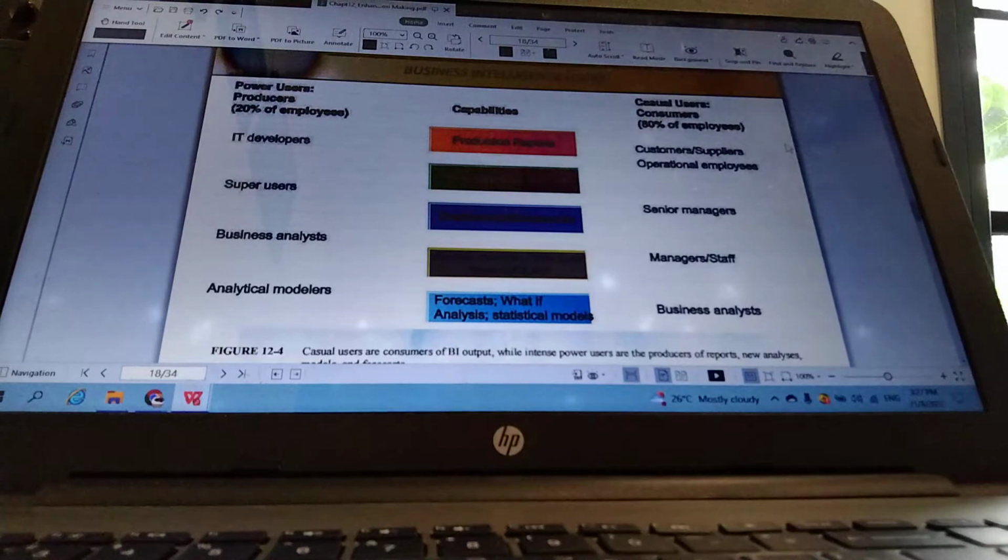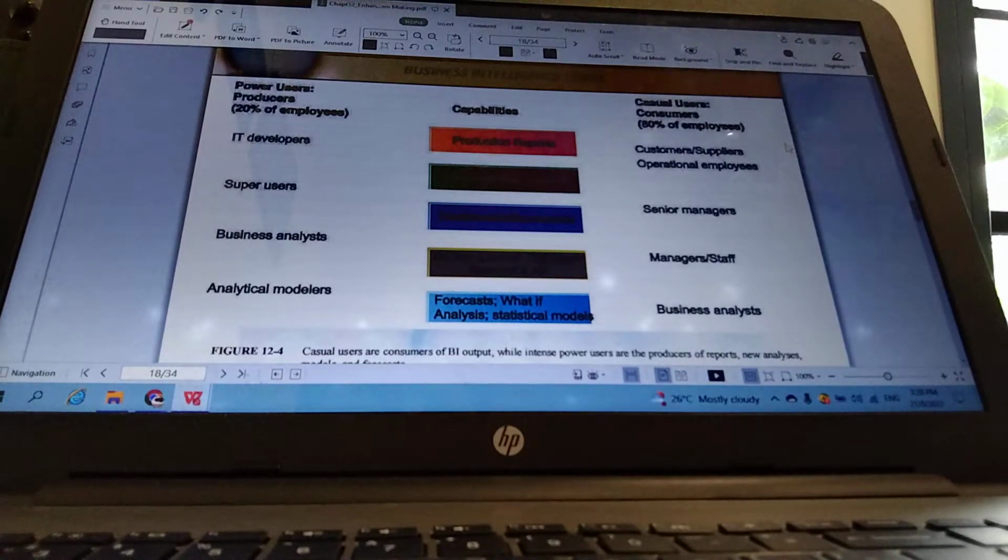For example, customers, suppliers, and individual operational employees. Whereas super users, there will be one or two, very limited super users among the companies, whose capabilities are in generating very special or customized reports, which we call parameterized reports.